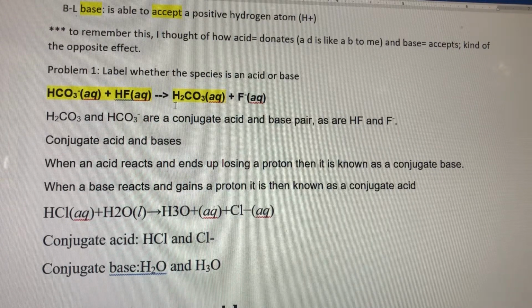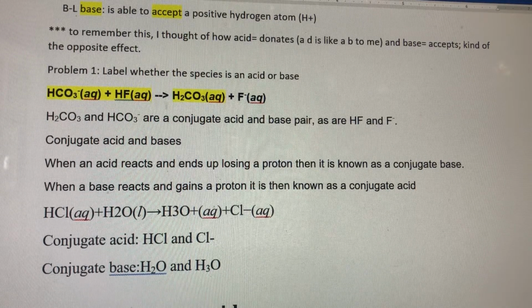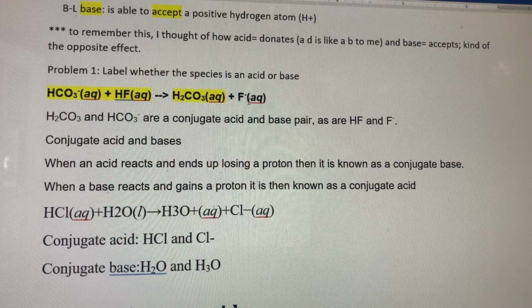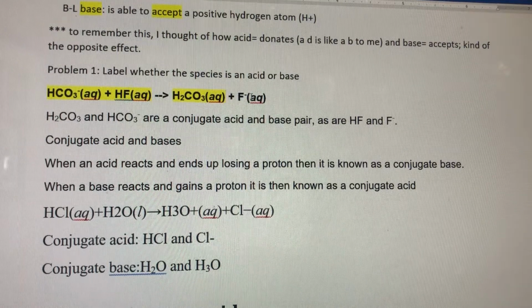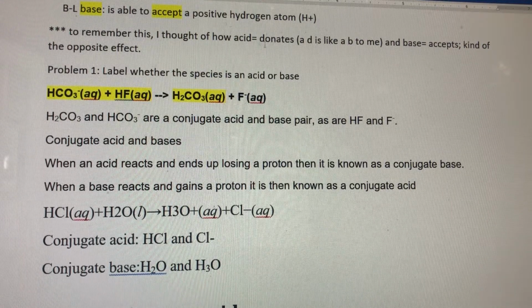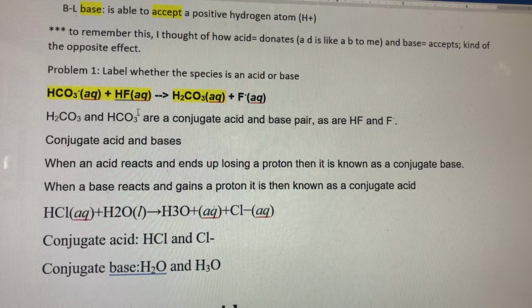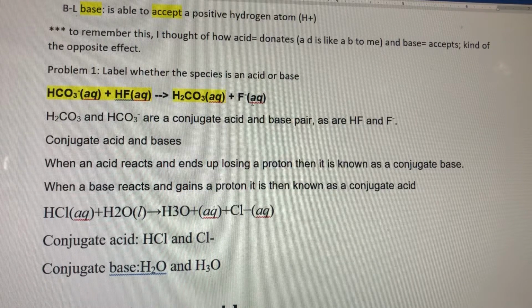Right here it's an acid, so it's going to be donating it, and this is going to be the base because it's accepting it. And that's going to be vice versa with the hydrogen fluoride and the fluoride ion here, because as you can see, this is going to be giving it to the fluoride ion.